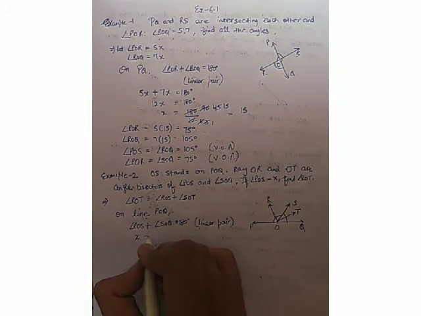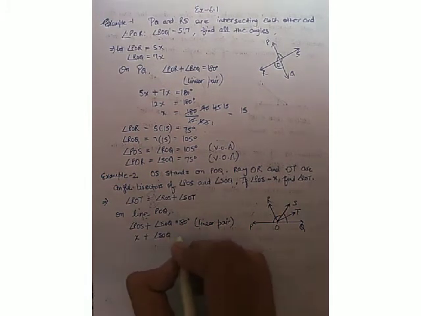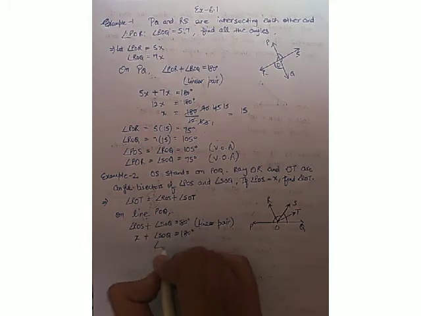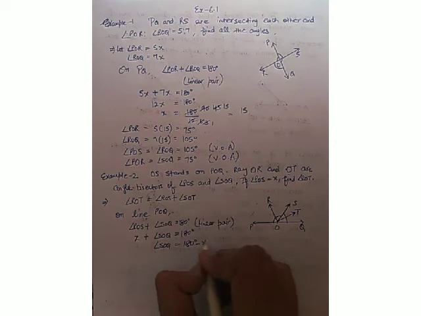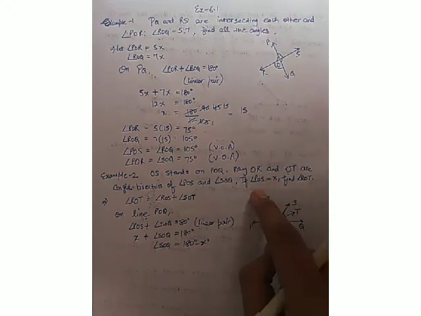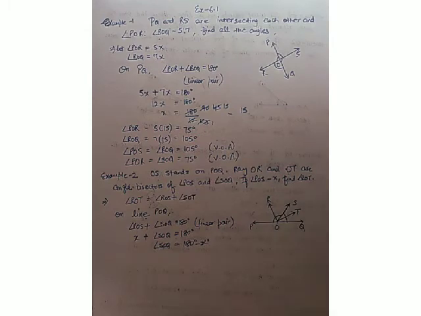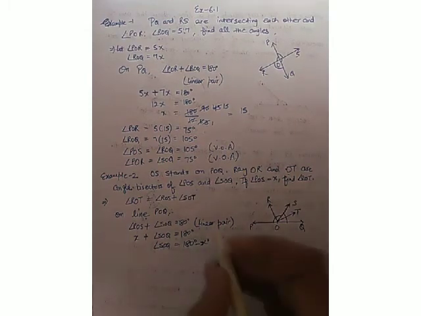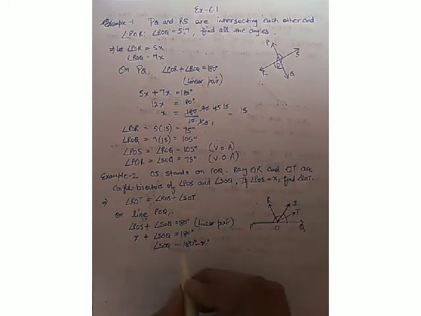Now the value of POS is x. x plus SOQ is equal to 180 degrees. And what will be SOQ? SOQ is 180 degrees minus x. Now you must be wondering why we have found this. Because POS was given, and if anything is given in the statement, it means it will be required in the further steps, so we will use it.